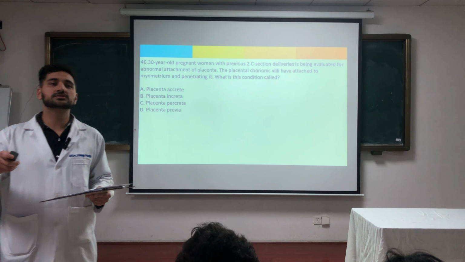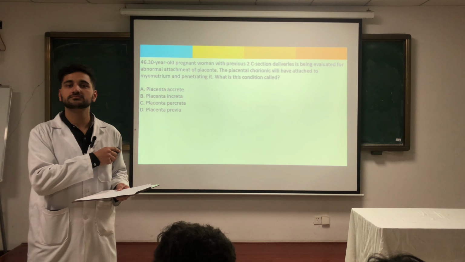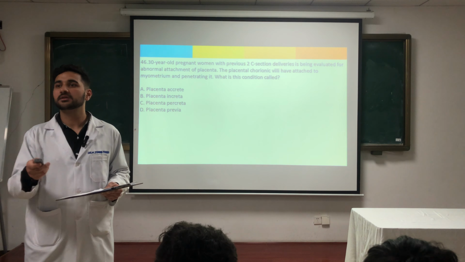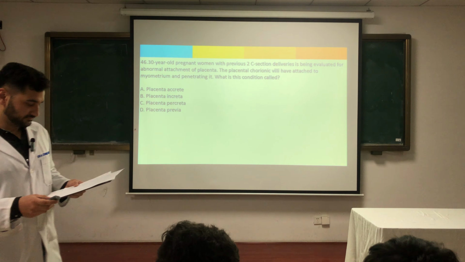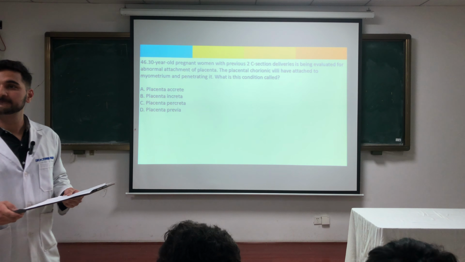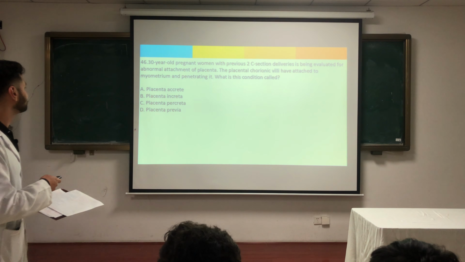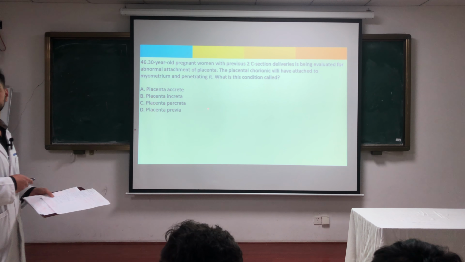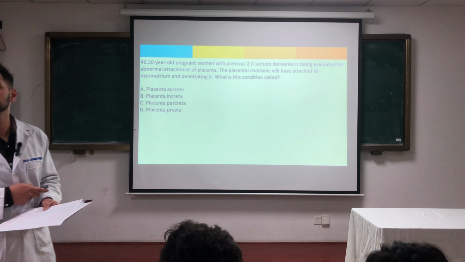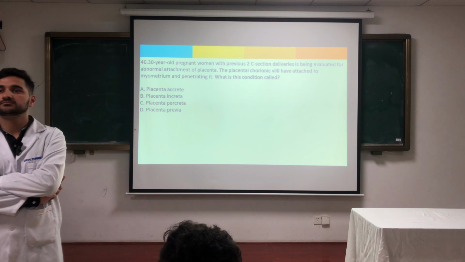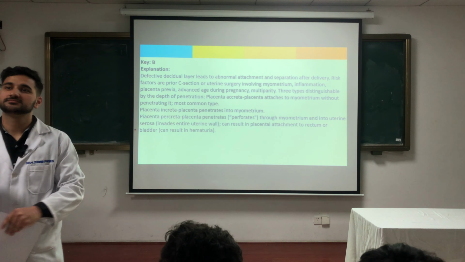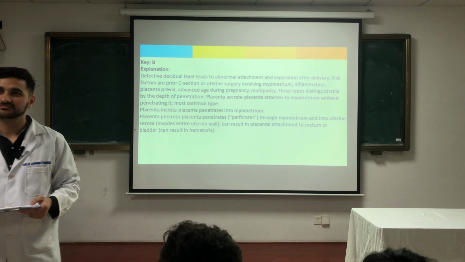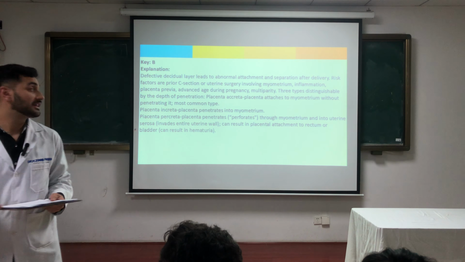Anyone wants to know about this? Anyone know about this? Yes, please. The difference is in how the placenta attaches, so it penetrates more inside the uterus wall. It depends on how deep it goes.